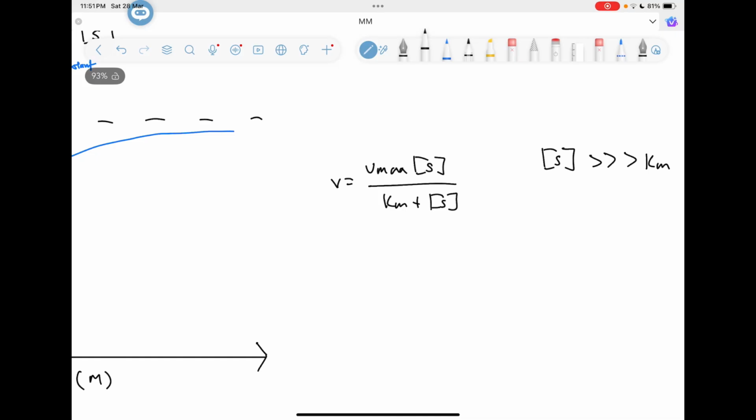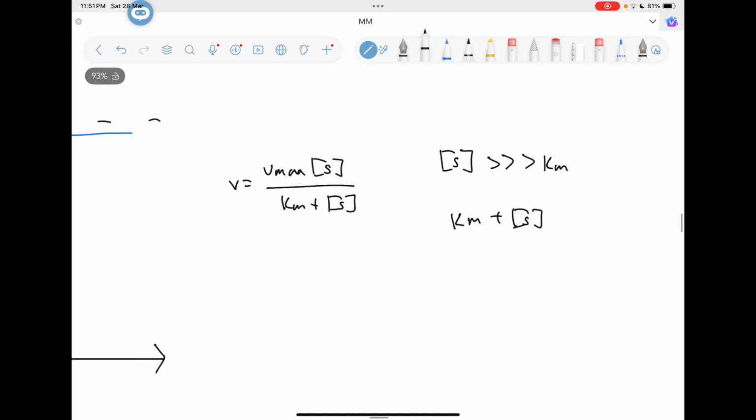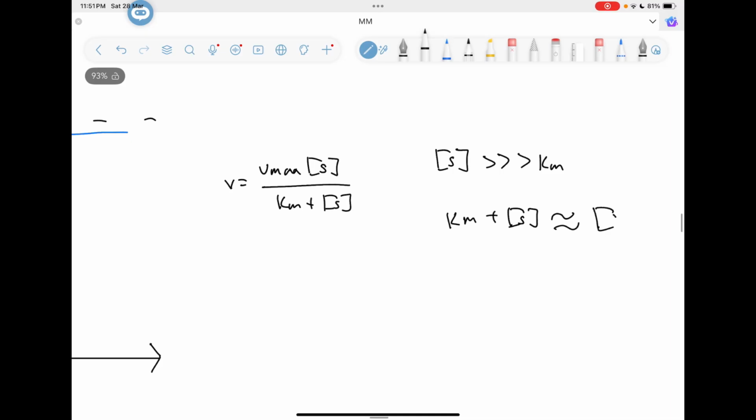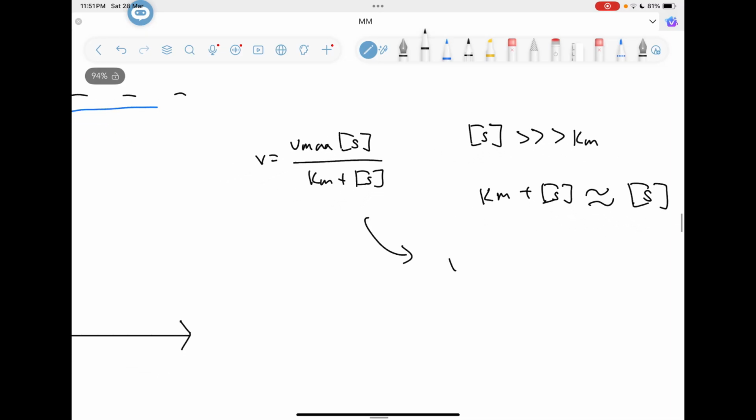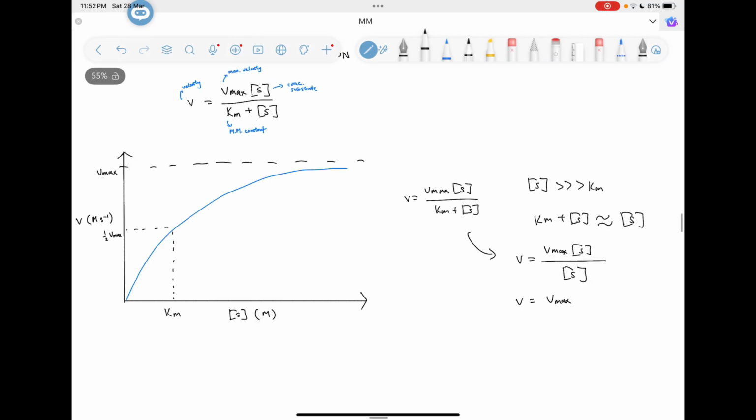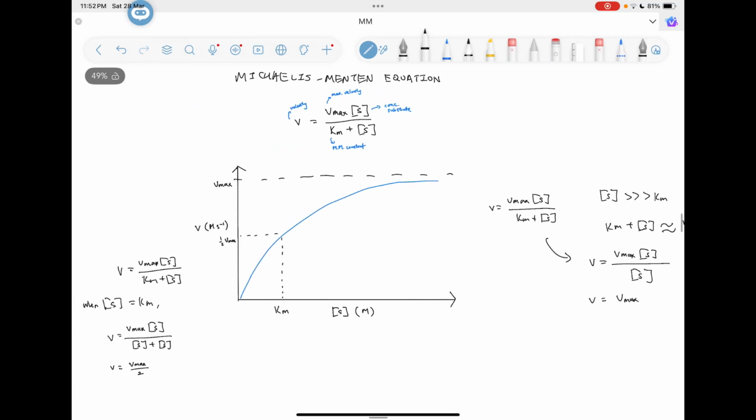So in that case, the Km plus S term will be approximately just the substrate concentration. So then our equation will simplify to V equals Vmax times S over S, so then V equals Vmax. Okay. So this is the Michaelis-Menten equation.